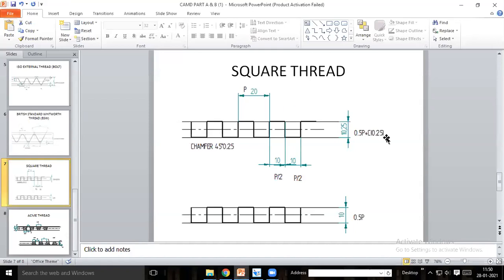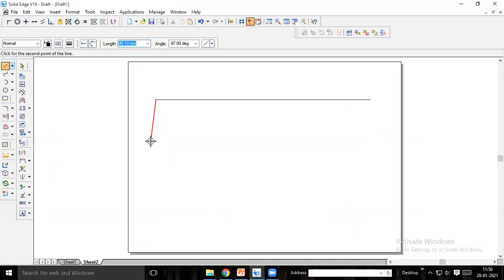If pitch is 20, 0.5 times pitch is nothing but 10. 10 plus 0.25 times 10, sorry, 10.25 is the distance. So 10.25 at minus 90. Then you draw like this. See, a very small profile you are getting.